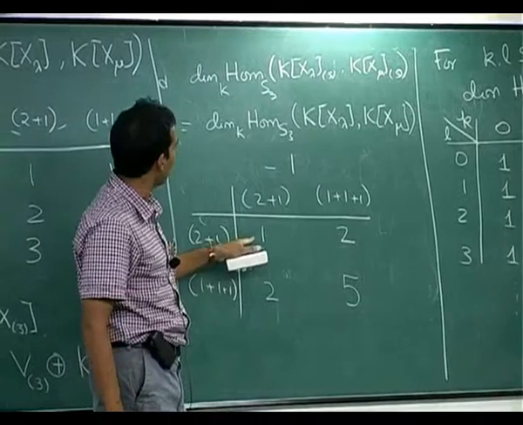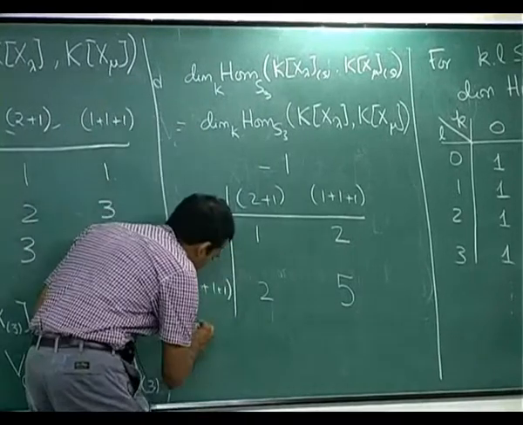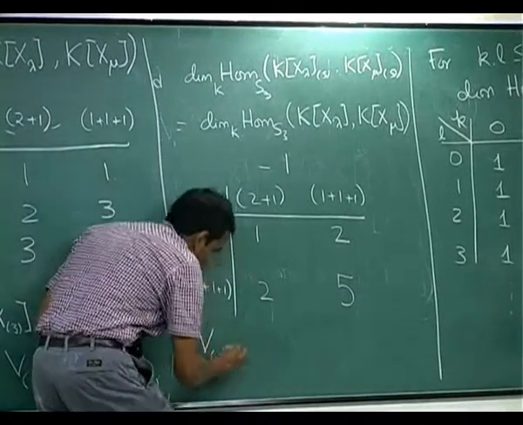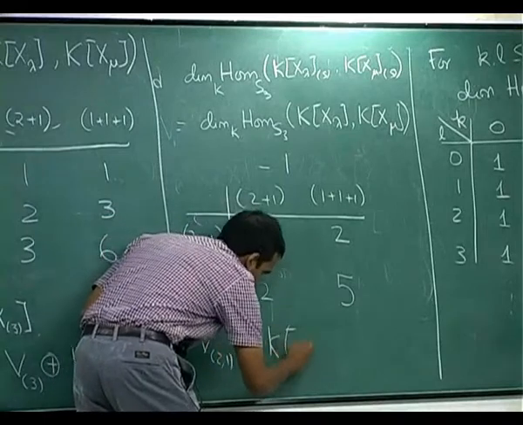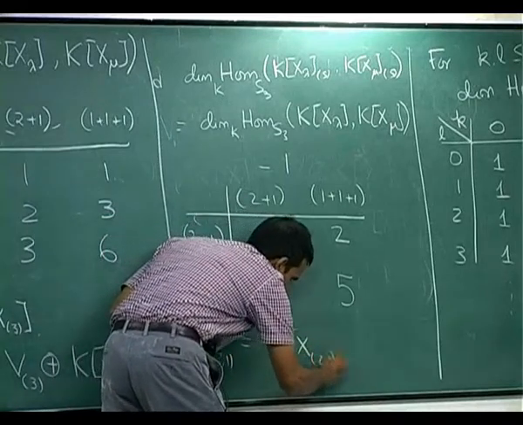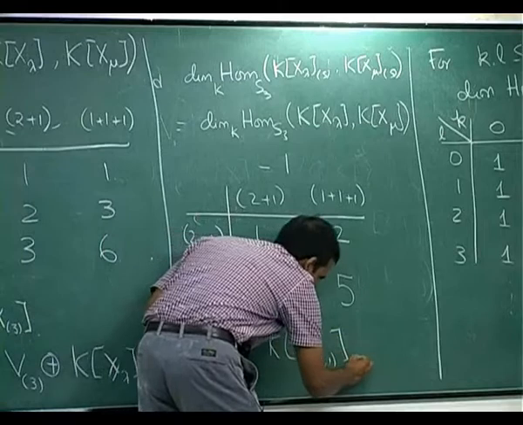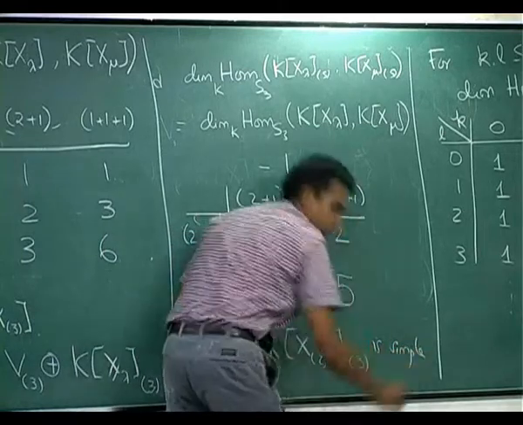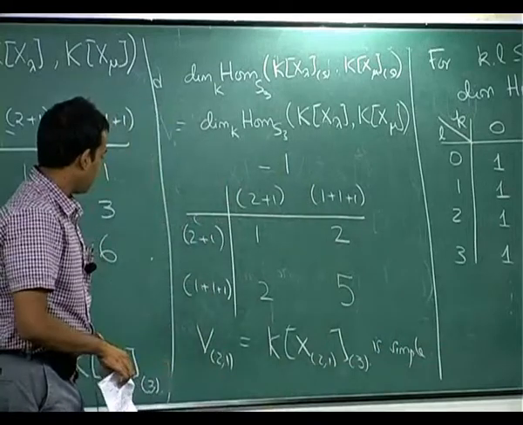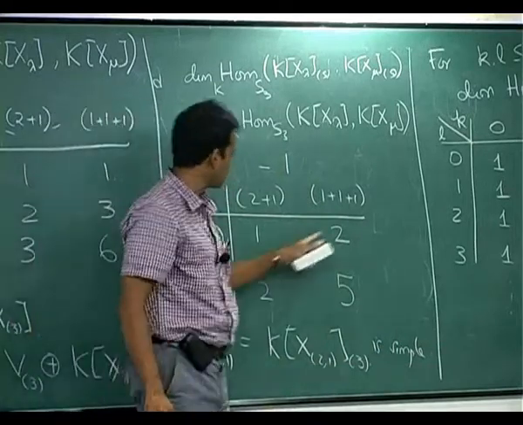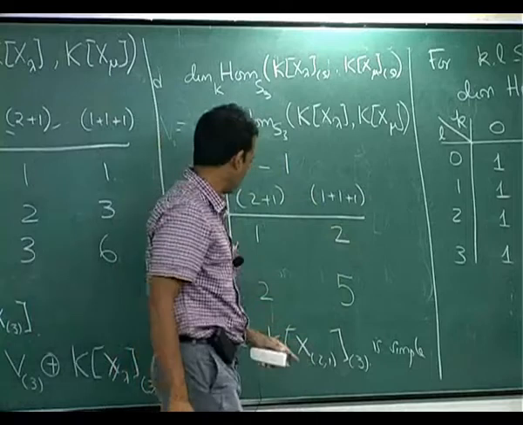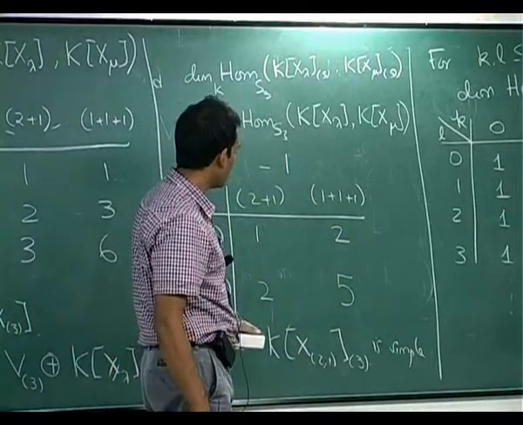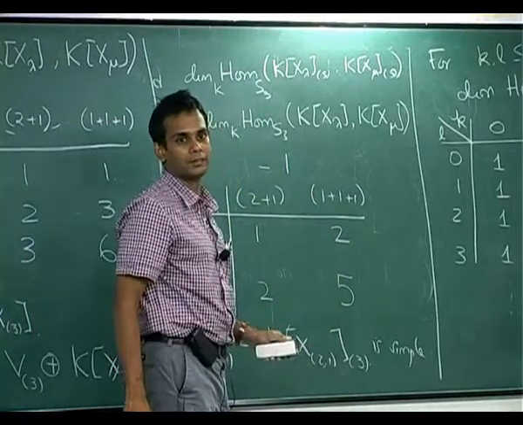We still know that kx2 comma 1 subscript 3 is simple. But what's different is it occurs twice in kx111 subscript 3.